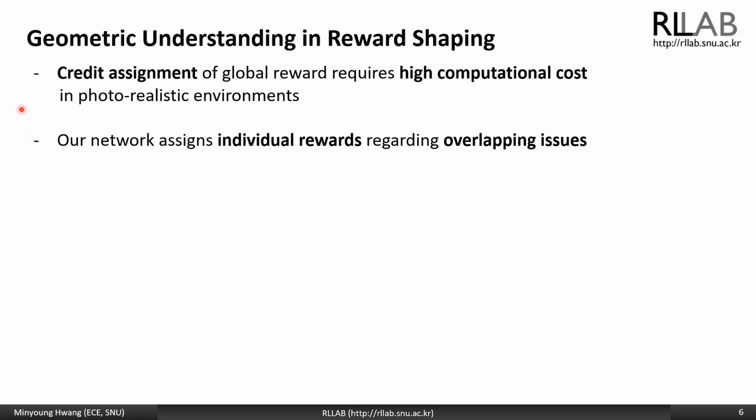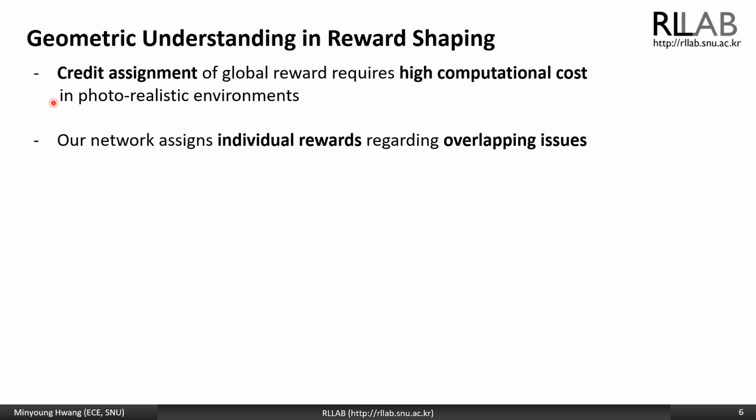Therefore, we designed the reward functions understanding the geometric manner of visual navigation. Instead of calculating credits of agents in global reward, we assigned individual rewards regarding other agents. This is because credit assignment of a global reward requires high computational cost in photorealistic simulation environments.